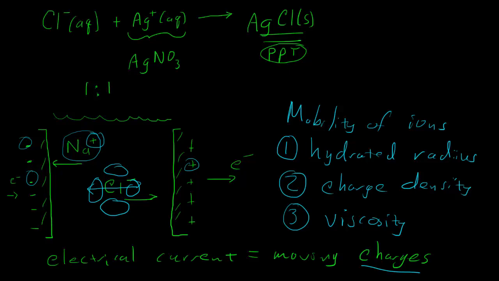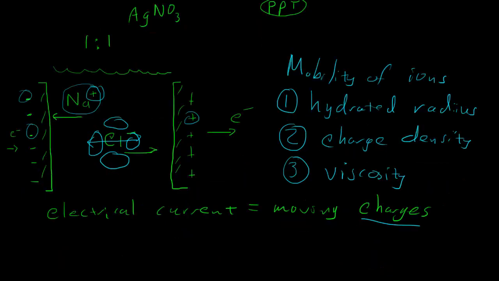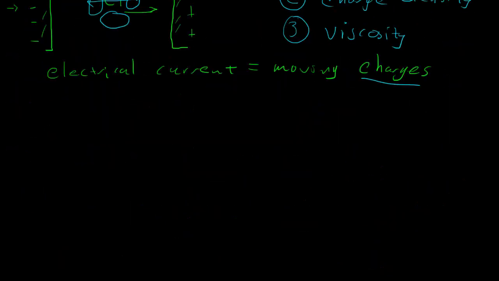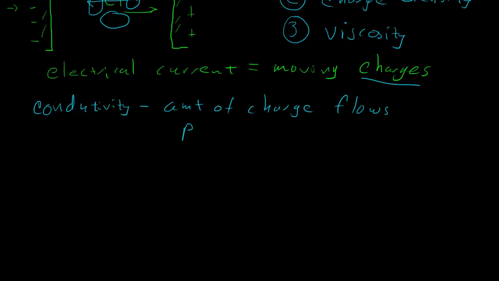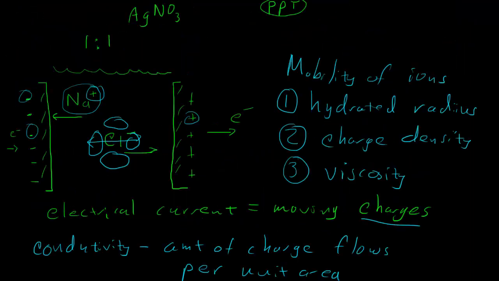And so the fact that we have different ions with different mobilities is going to change the conductivity of the solution. The conductivity is related to the amount of charge that flows per unit area. If we go back and look at our picture, we might imagine that these charges are flowing through a little square segment.